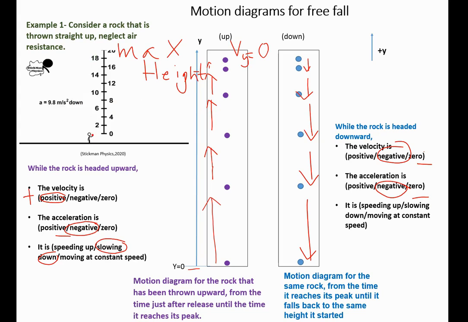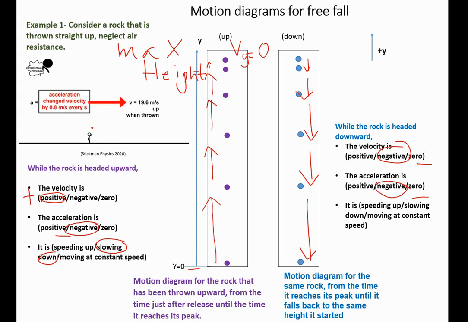So g is 9.8 meters per second squared. And when it is moving up, the object is slowing down because the acceleration due to gravity is downwards. And when the object is moving down, the object is speeding up because the velocity and acceleration both are in the same direction.